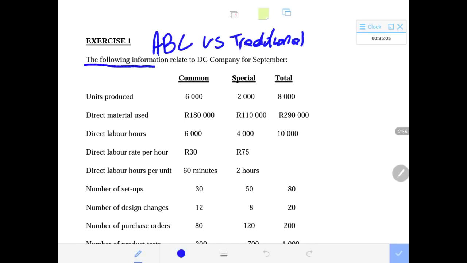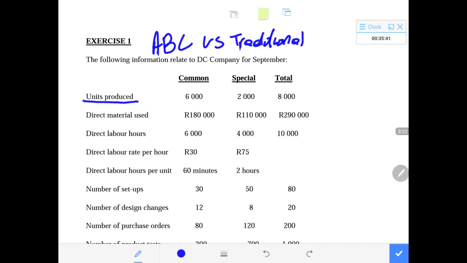It says the following information relates to DC company for September. So this is information for the month of September. We have two products, which are common and special, and we are given the total information for the two products. We have units that were produced, 6,000 and 2,000, and the total inventory produced was 8,000 units. Then we have direct material that was used, which is 180,000 and 110,000, and the total of the direct material came up to 290,000 rands.